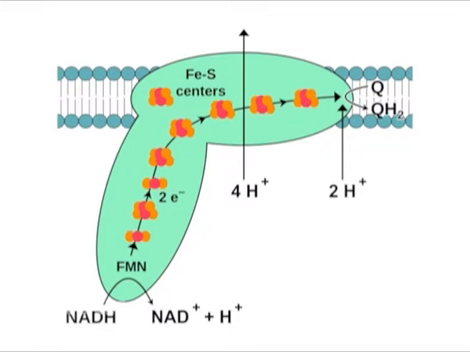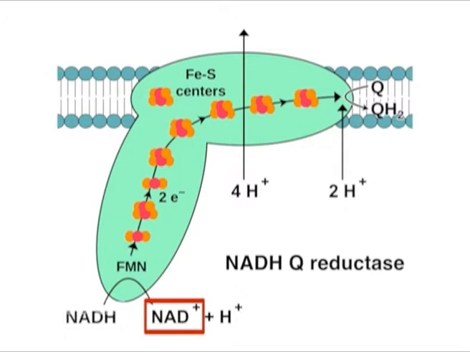NADH first binds to NADH Q reductase, complex 1, and is reoxidized, leaving NAD+. 2 electrons and 2 protons, H+, are removed from NADH and transferred to the flavin mononucleotide FMN prosthetic group of NADH Q reductase to produce FMNH2.